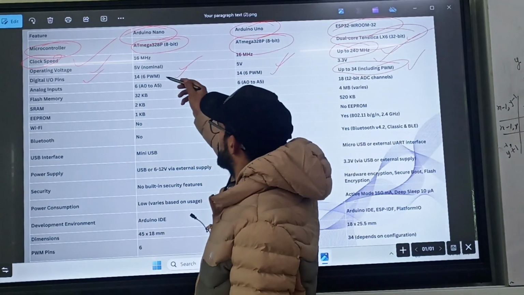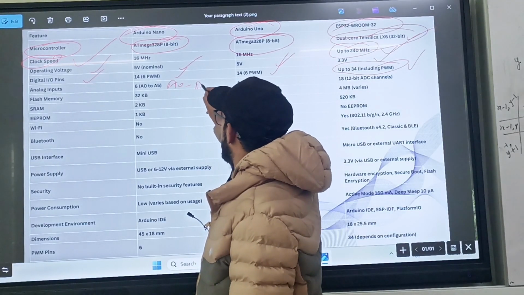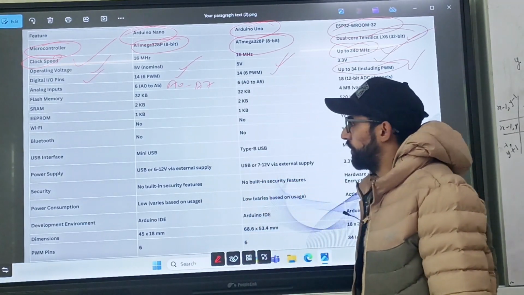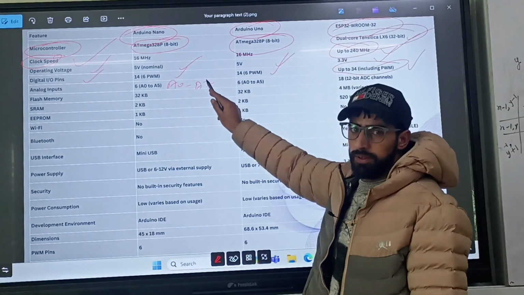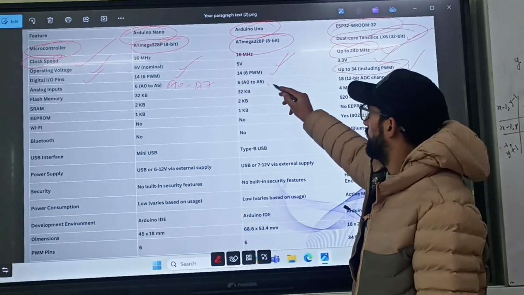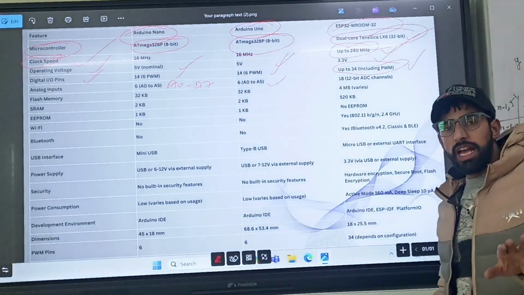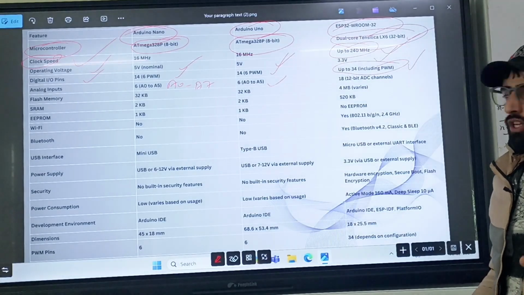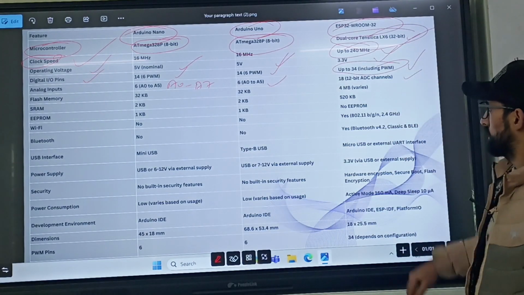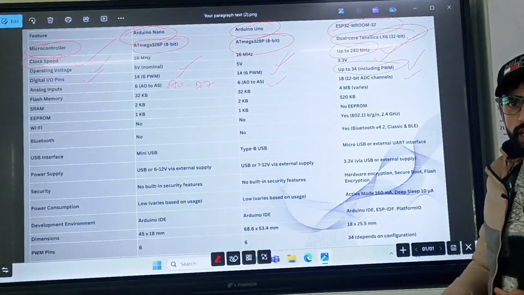Arduino Nano has A0 to A7, so 8 analog pins. But Arduino Uno has only 6 pins, A0 to A5. And ESP32 has 18 pins, 12-bit ADC channels. What does that mean? You can use these 18 pins as analog pins as well as digital pins, because ESP32 has an ADC, an analog to digital converter.